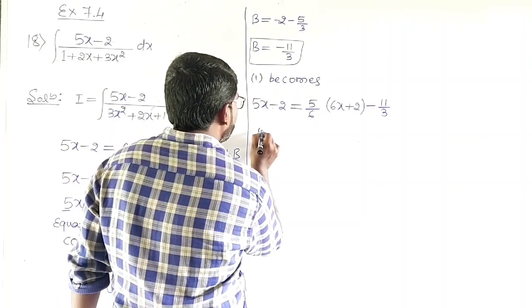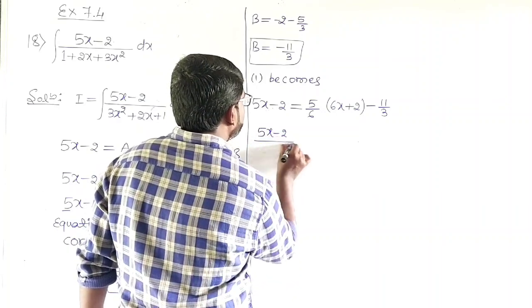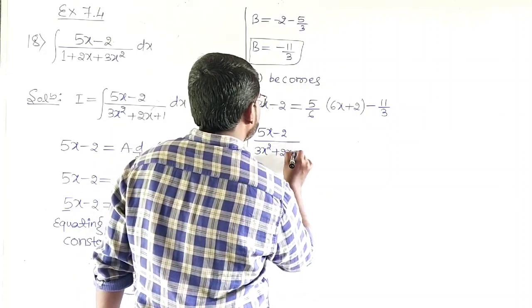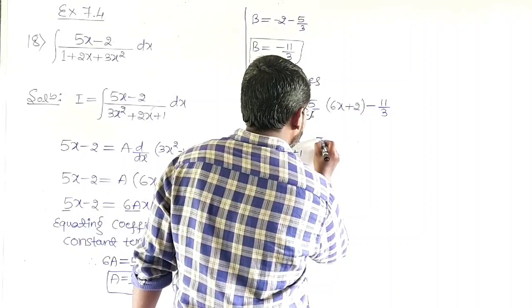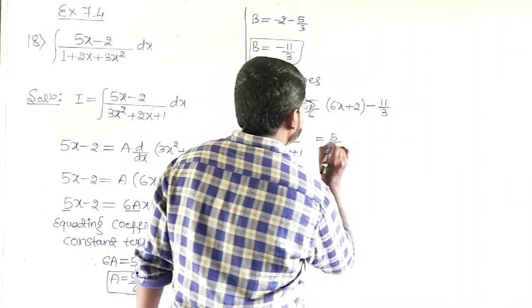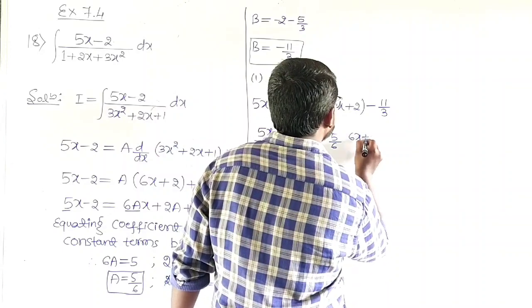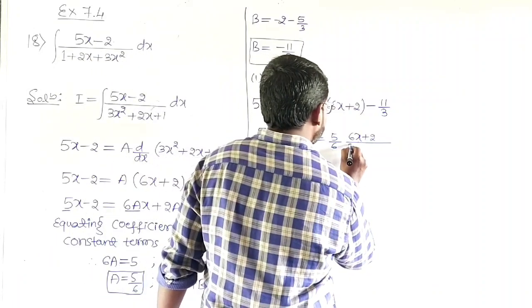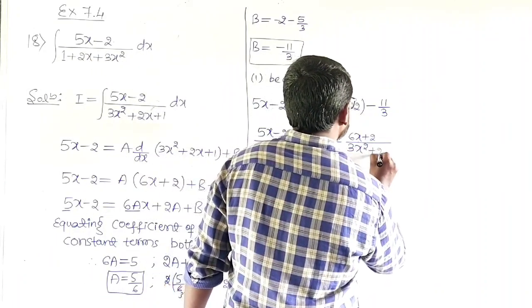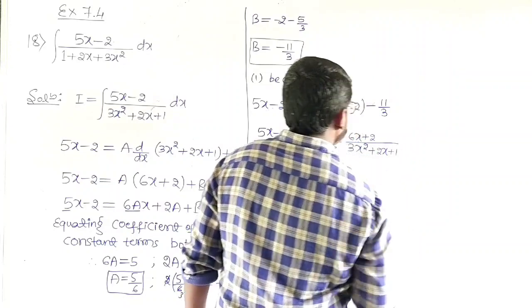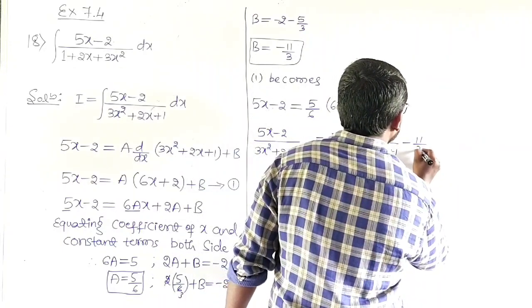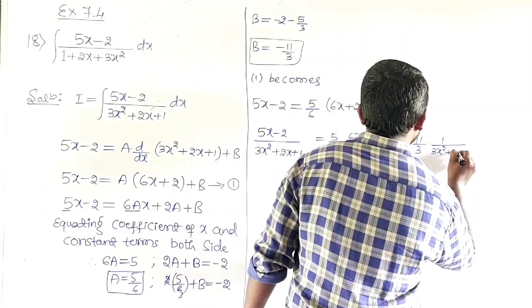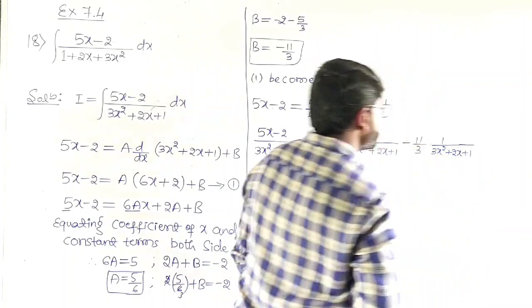So what do we get here? (5x minus 2) divided by (3x square plus 2x plus 1) equals 5 by 6, as a constant, write it as it is, then (6x plus 2) divided by the same term, that is 3x square plus 2x plus 1, and then minus 11 by 3, into 1 divided by 3x square plus 2x plus 1.